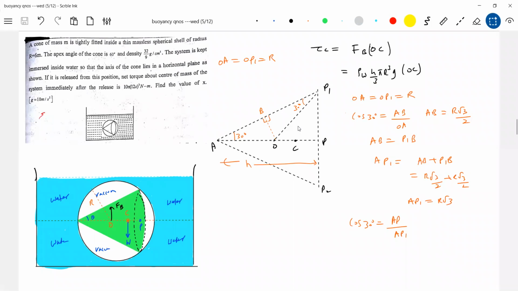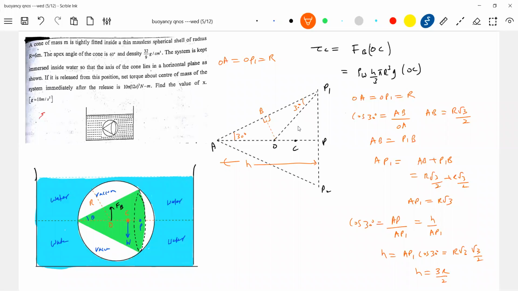The remaining things, students should immediately jump into the picture. So H is equal to AP1 cos 30. AP1 is what? R root 3. What is cos 30? Root 3 by 2. So 3R by 2 is the height of the cone.